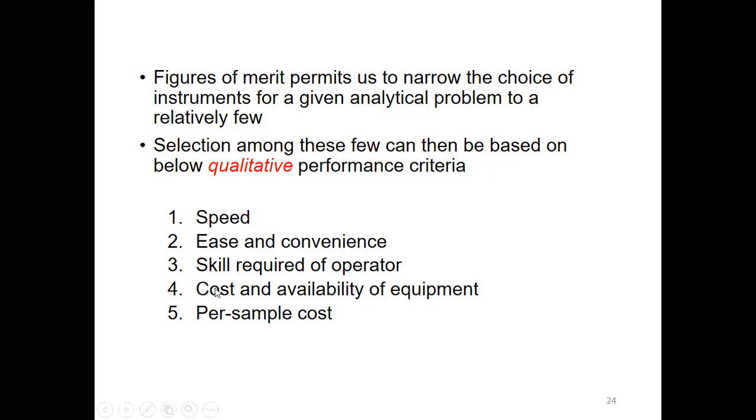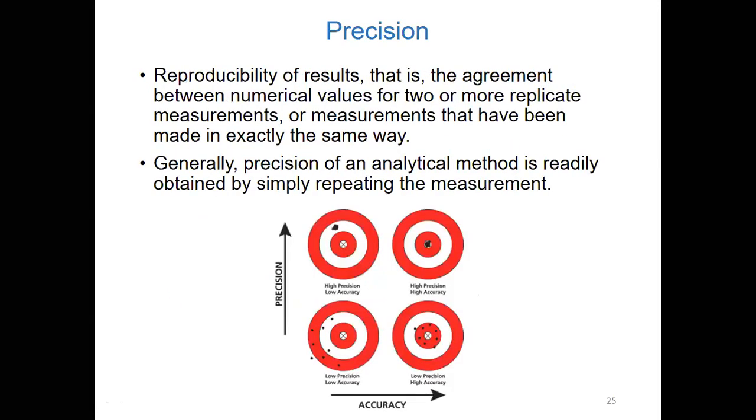And the per sample cost, same as the cost; the cost is the instrumental cost, and the sample cost also we have to pay attention to. So these are qualitative parameters, and the figures of merit are the quantitative parameters. By combining both, we can determine which type of instrument we should use. Okay. Now let's discuss the 6 figures of merit in detail.